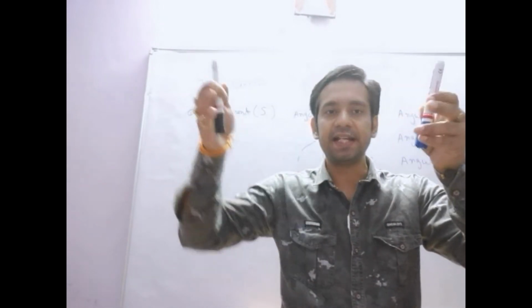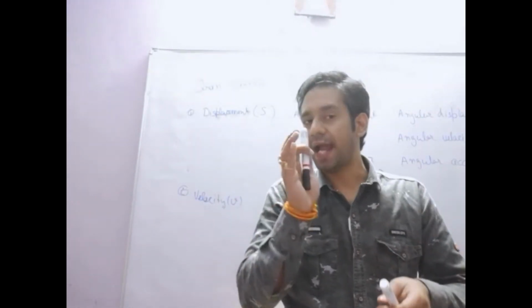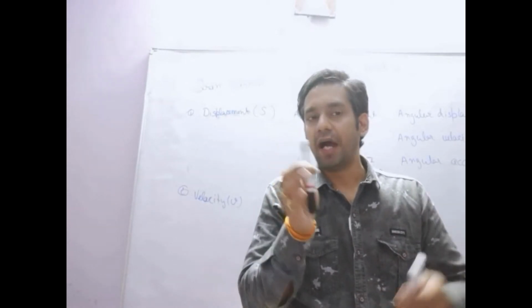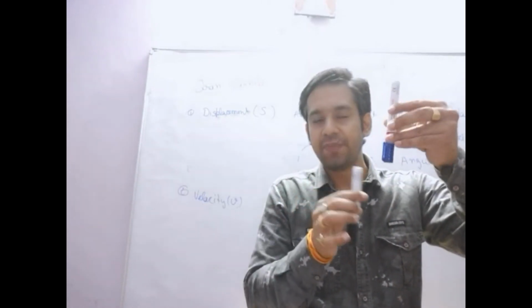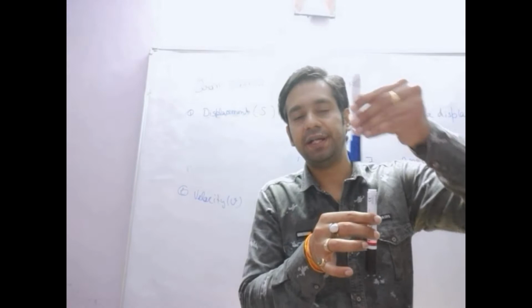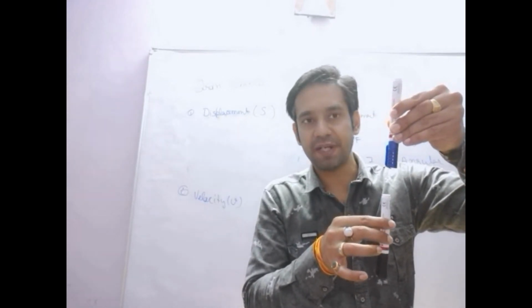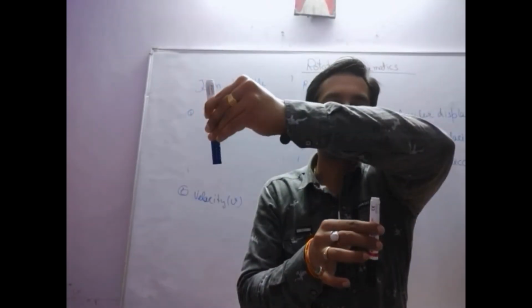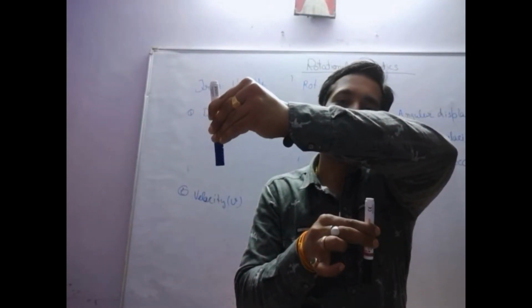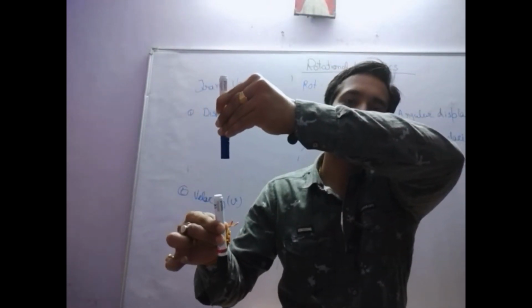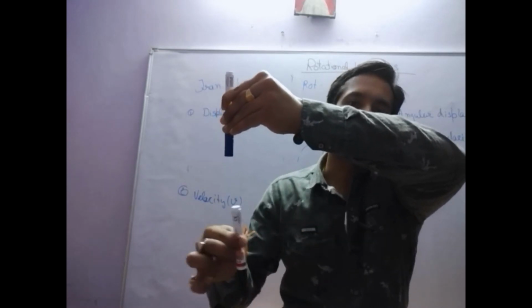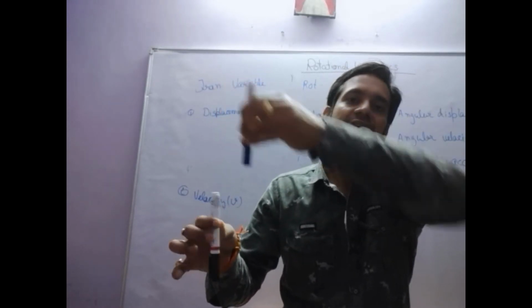According to time, if the first marker covers the displacement in time t1 and the second marker covers it like this, the time taken by the second marker is much less than the first.